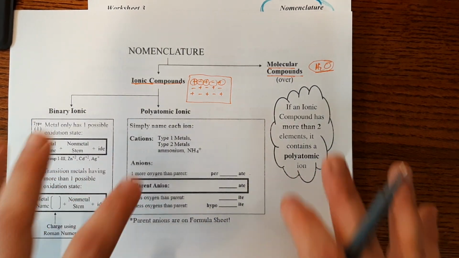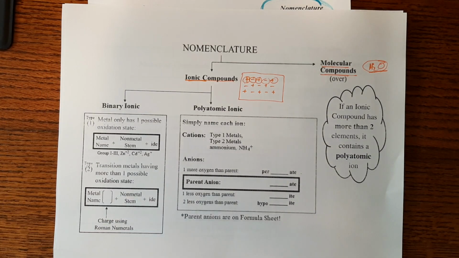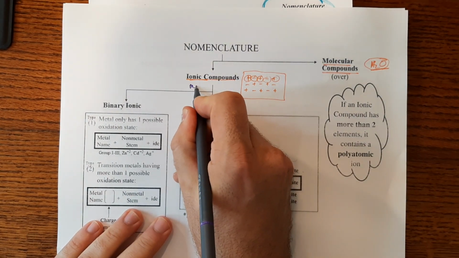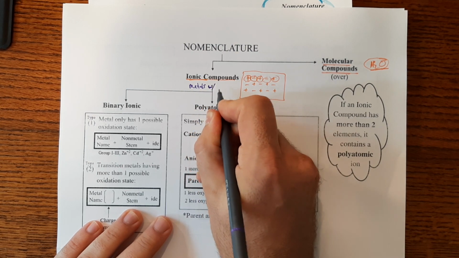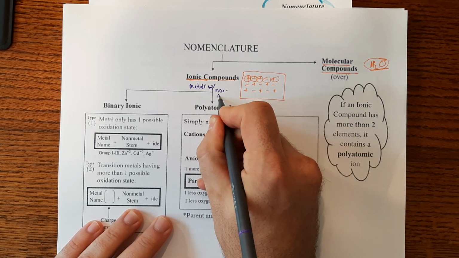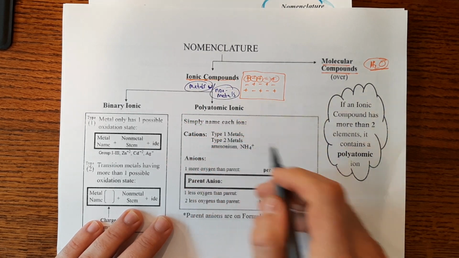So that's what they are, but how can you simply tell the difference? Well, it's actually very quick and easy. Ionic compounds are combinations of metals with nonmetals. Metals with nonmetals.